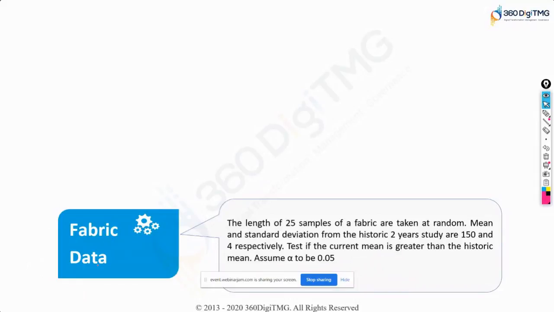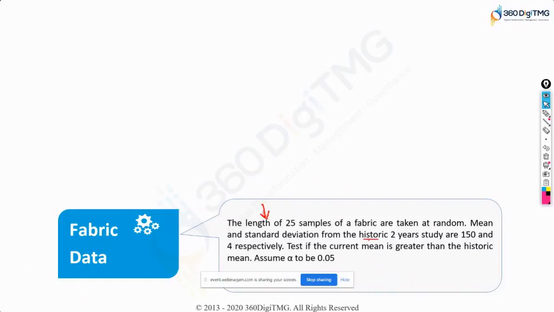The fabric manufacturing textile industry is there, and in that industry, the fabric is getting manufactured. And that fabric is sold to the clients based on the length that it is getting manufactured. So in meters, for example, you are selling it to your clients. And there is a machine which is basically cutting this particular fabric at an appropriate length.